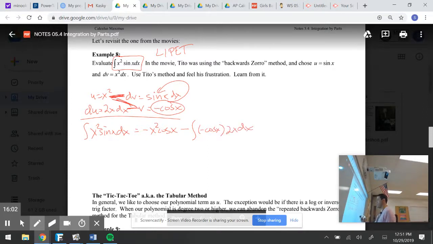And I should reorganize this stuff. So I get negative x squared cosine x. I'm going to bring out that negative and the 2, so you get that, and then you get x cosine x dx. Now, guess what? I can't do that. Oh, yes, I can, because I can backwards Zorro that bad boy.